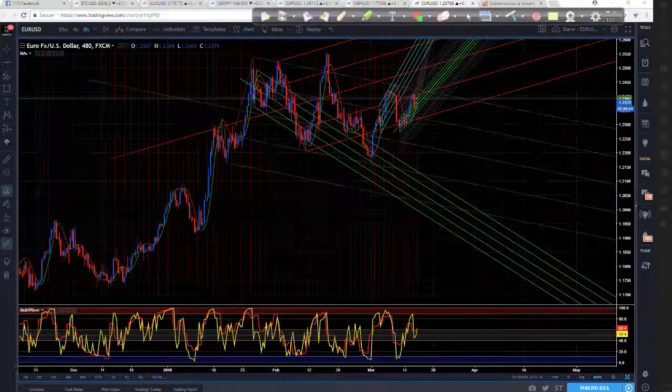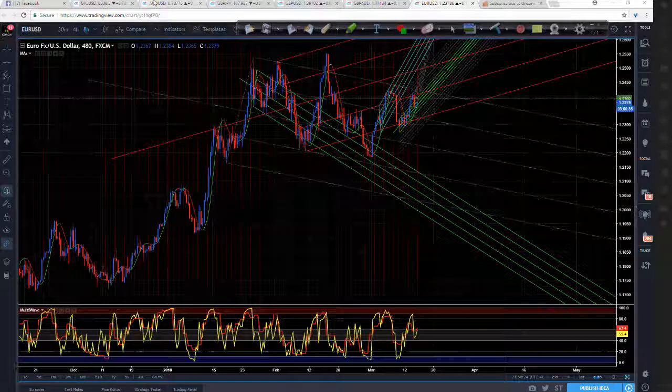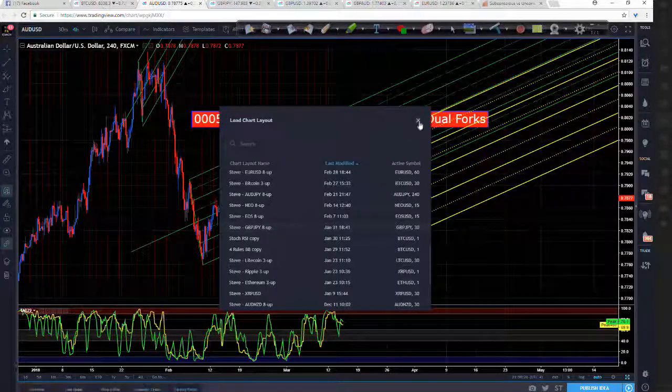Yeah, there you go, Liberty Duck. Yeah, I don't see anything else I really want to look at that I don't already have up here in some way, shape, or form.